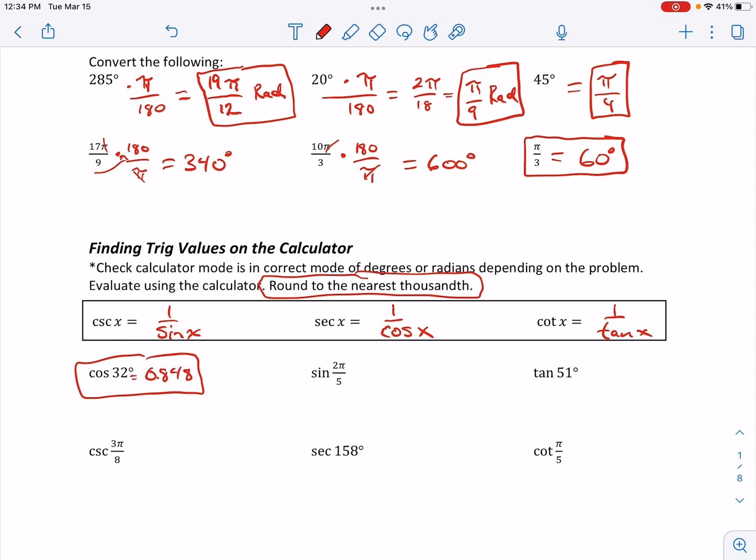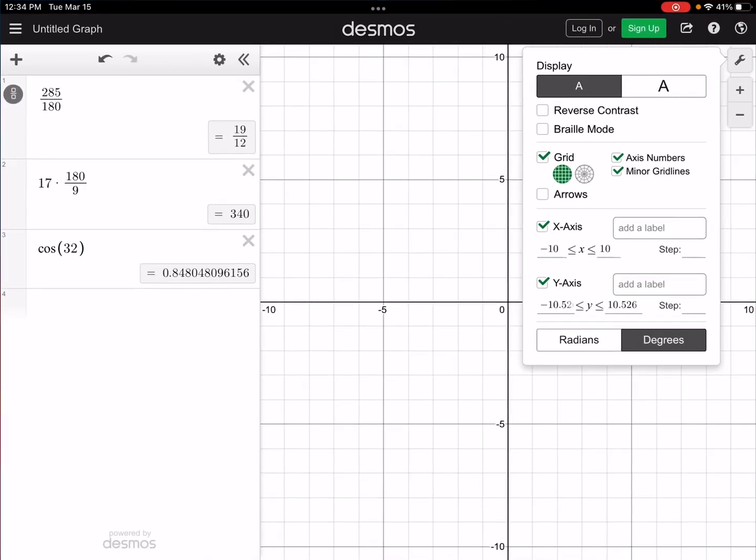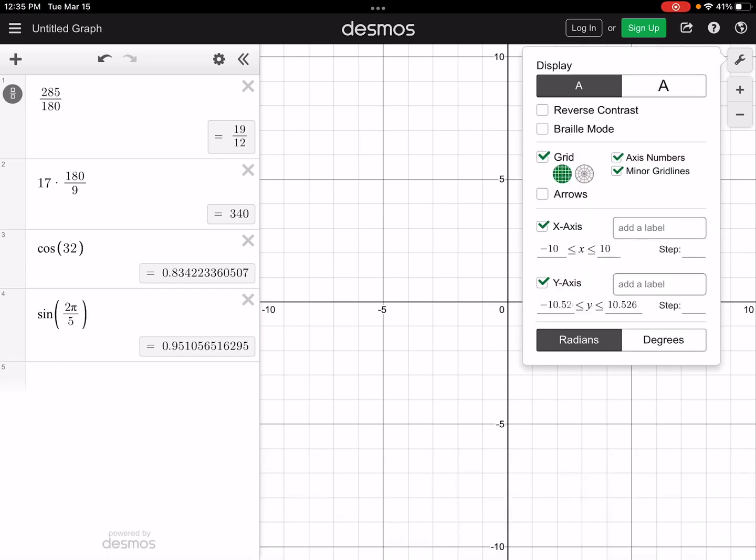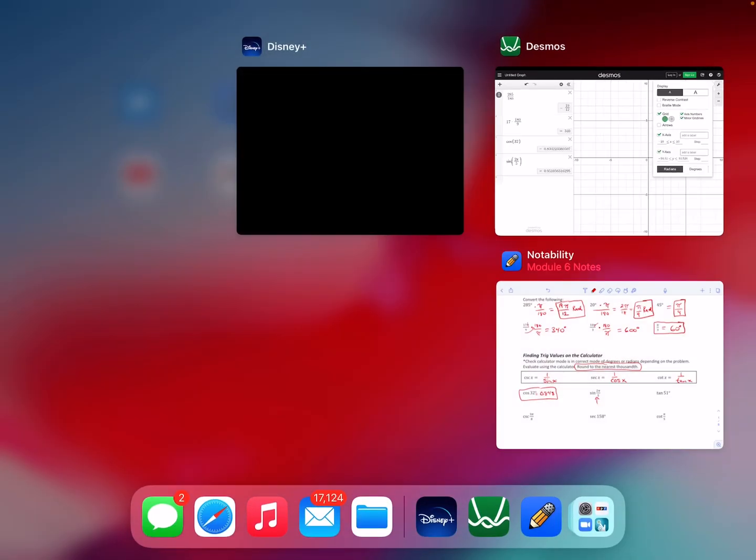Okay, if it has pi's, switch your mode over to radians. So sine of 2 pi fifths, this time I want to be in radians. Sine of 2 pi fifths is 0.951. Make sure that you're in radians.